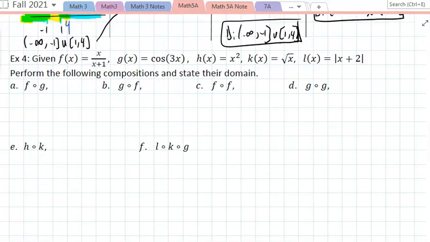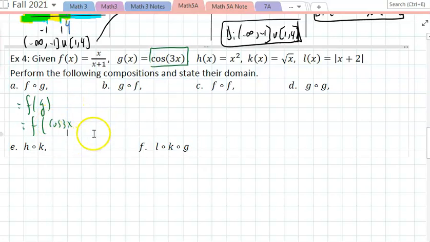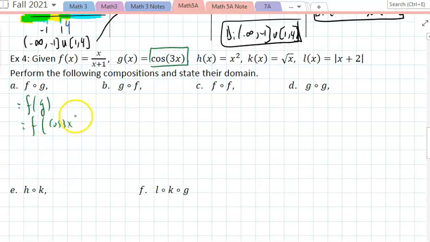If I was to look at the following functions, f composite g, that is f of g of x, which is actually the cosine of 3x. And that would be wherever you see an x, replace it by cosine of 3x over cosine of 3x plus 1.